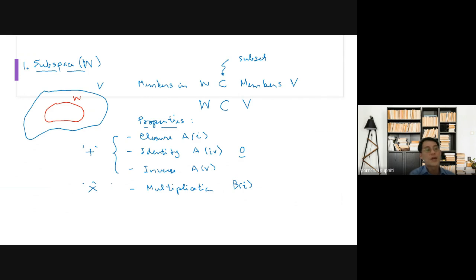So let's take a look at an example of what we mean by subspace. Let's say we have example number 1. Think about the vector space of 3-dimensional vectors.